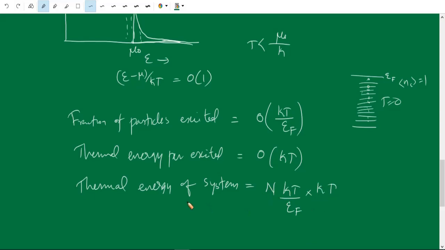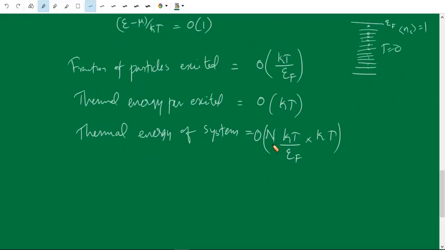So this is the thermal energy of the system. It is not exactly that value, it is of the order of n kT by EF into kT.